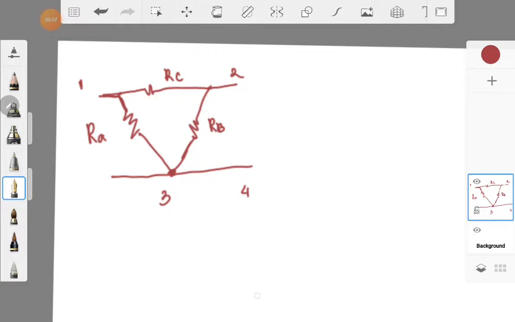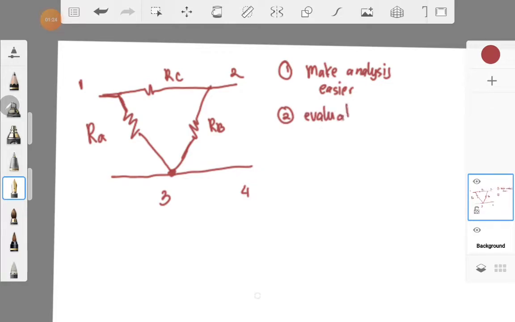Take note that we are considering turning or changing your connections in order to, number 1, make the analysis easier. Number 2, in order to evaluate the circuit.